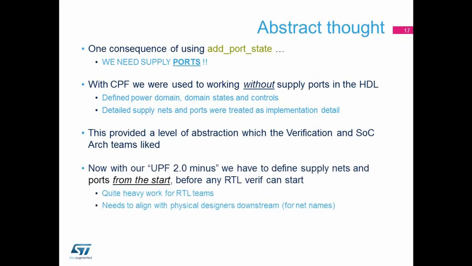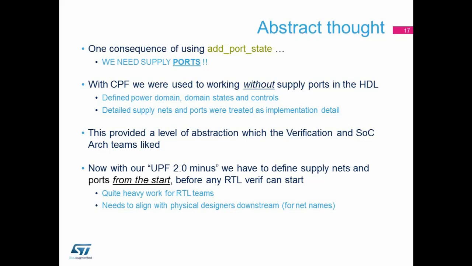With our 2.0 minus, though, we do have to define supply nets because we've got supply ports and we're writing our PSTs in terms of the ports. So right from the start, we're going to now have to go back to what seems like a less flexible solution, which is defining the names of our supply nets for implementation right from the beginning. So it's some heavier work for the RTL teams.